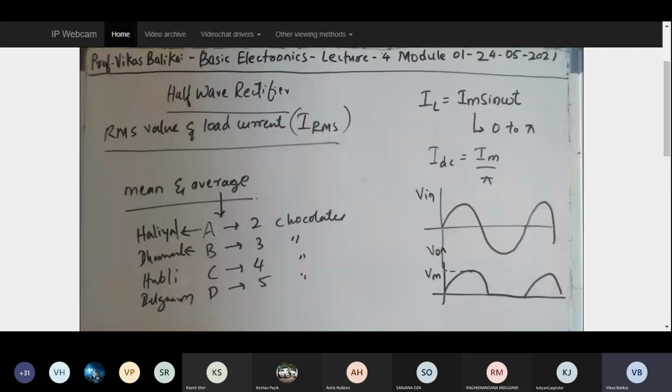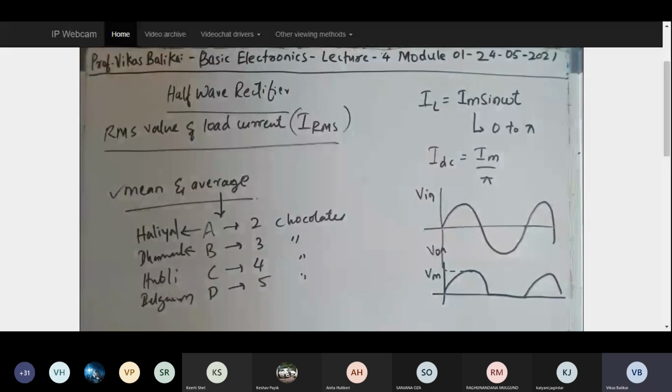So basically, when I am talking about the distribution of particular variables in different places, or the distribution of particular items with respect to different localities, whatever average I calculate is termed as mean. That is the mean distribution of chocolates at different places. We are going to call it this way. We're not going to call it the average distribution of the chocolates.